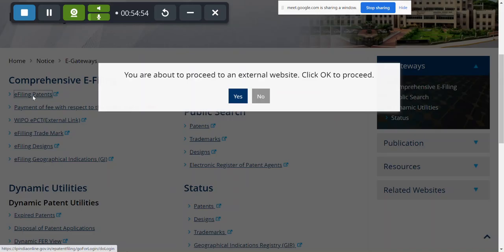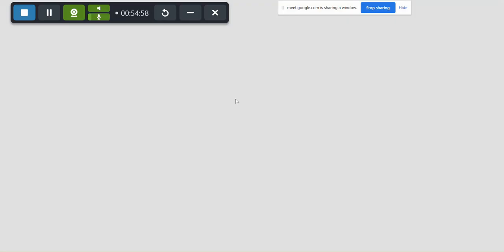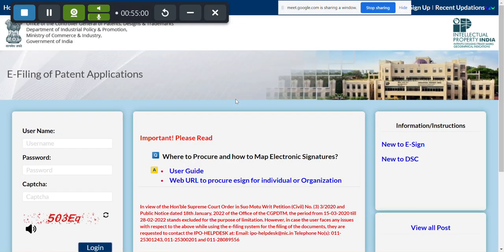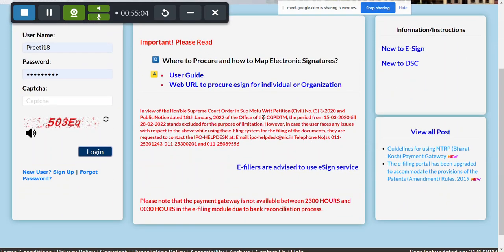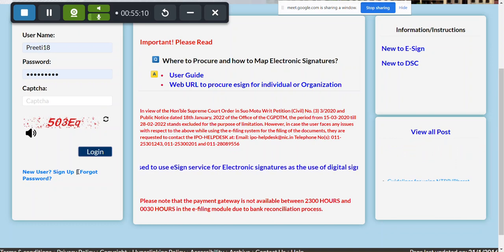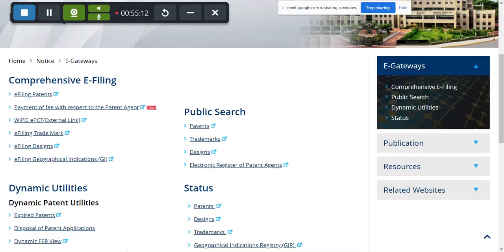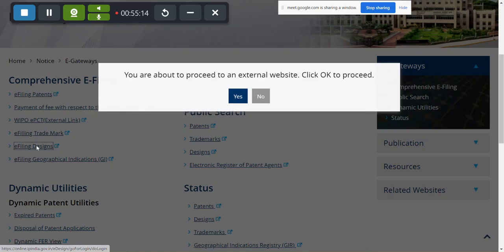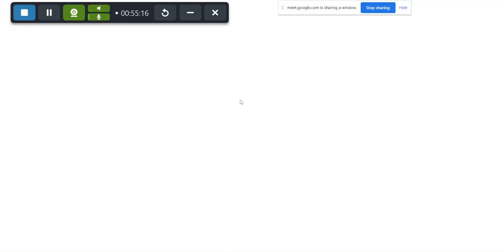Then from the e-filing portal of the patent office, you can register yourself and start filing patents over here. As a new user, you have to add all the details, e-signature or the digital signature, and then you can start working. And for the design, you have to work separately on the e-filing designs portal.